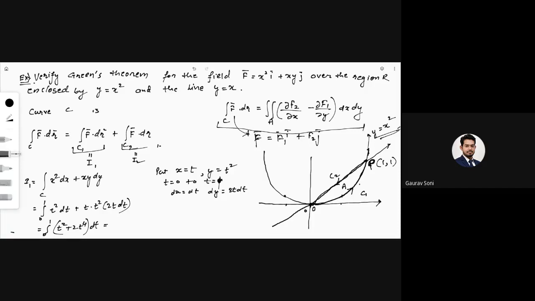What's the answer here? t cube by 3 plus 2 by 5 t raised to 5, with limits from 0 to 1. So 1 by 3 plus 2 by 5, which is 11 by 15.